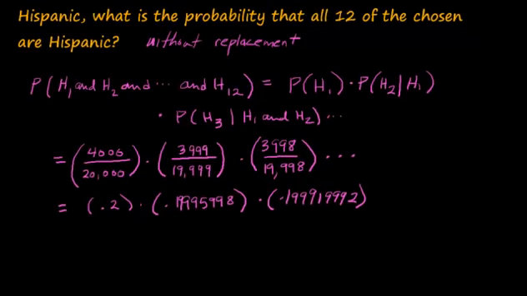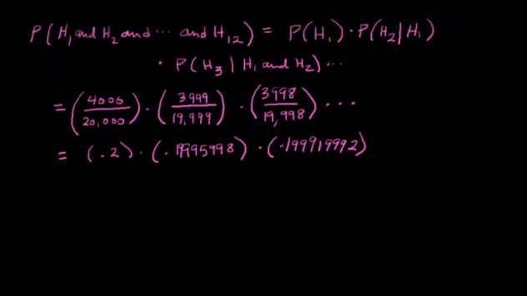So let's look at that calculation. We said that if n is less than or equal to 5% or 0.05 times N, then we can treat these as independent events. So let's see. n was 12. Our sample, we're selecting, there are 12 jurors.